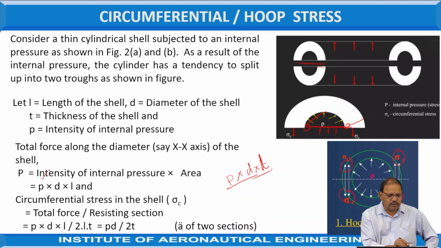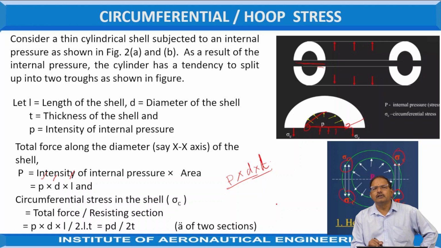This is the force acting because of the internal fluid, which should be equal to the resisting force. That is according to Newton's law, the action and the reaction should be equal in magnitude and opposite in direction.